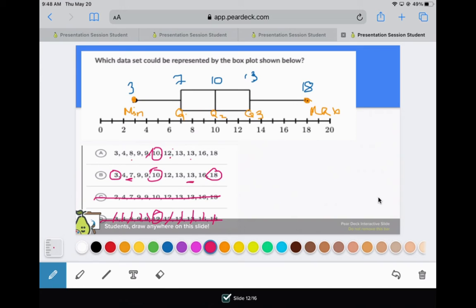A, I have 8, so that's not it. So the answer for this one is B. Yeah, so that's the right choice. For this one, you just have to play around with numbers a little bit, but it's important that you recognize the box and whisker plot and you know the values of the minimum, the maximum, Q1, Q2, and Q3. And then we can just narrow down our choices. Okay, cool. So that's one of the questions that you may run into.